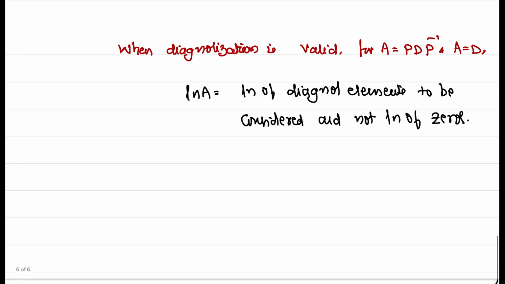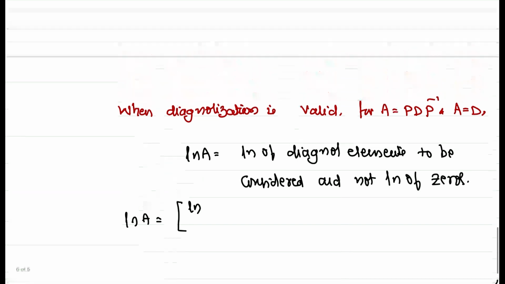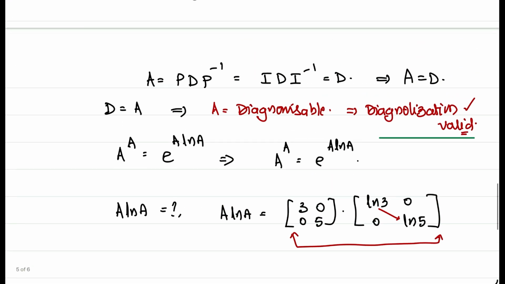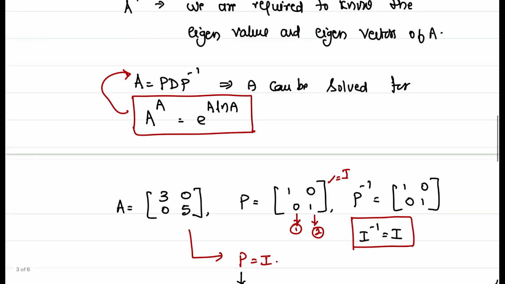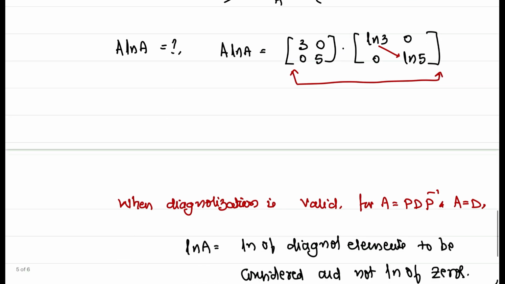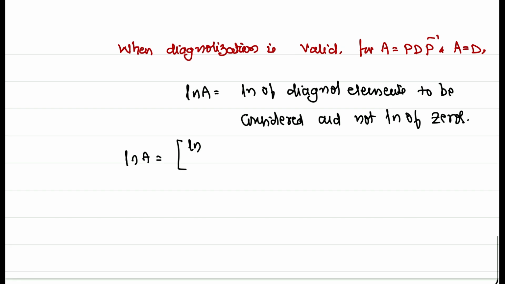Then ln A is equal to, this is an important conclusion. From this, ln A is equal to ln of D. D is nothing but the eigenvalues matrix. This eigenvalues matrix is nothing but A, as we have found out.